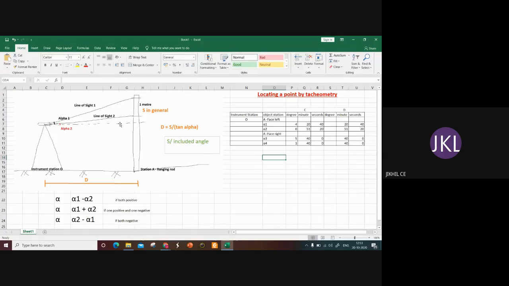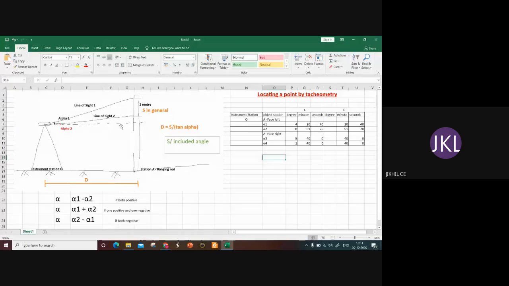So what he told is that if both alpha 1 and alpha 2 are positive, suppose this is the horizontal line of sight, the included angle will be the difference between alpha 1 and alpha 2. Suppose alpha 1 is positive and alpha 2 is negative, that means alpha 2 is falling below the horizontal, then the included angle will be the sum of alpha 1 plus alpha 2 without considering the sign, or alpha 1 minus of minus alpha 2.